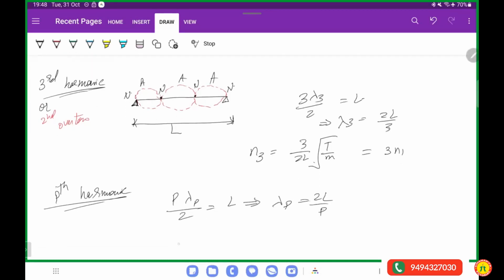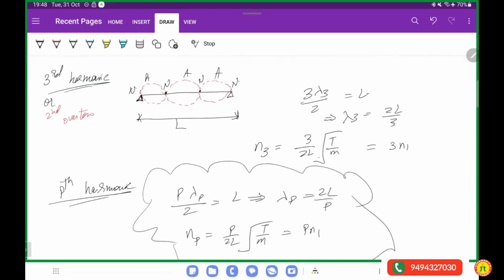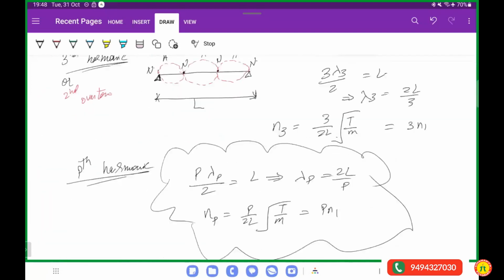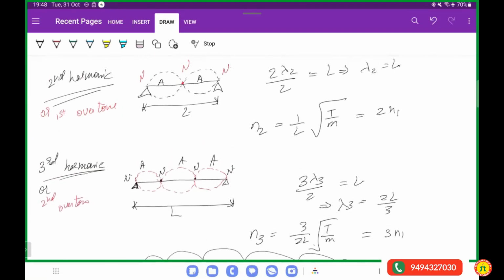Then frequency n p will be p by 2L under root T by M, which is p n1. Right? So this is your standard form. So this will be the pth harmonic.